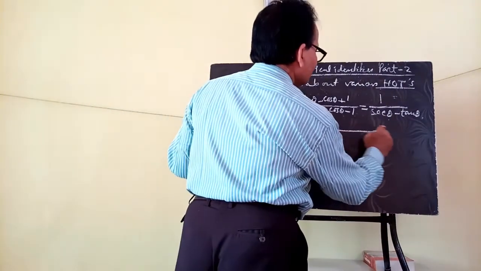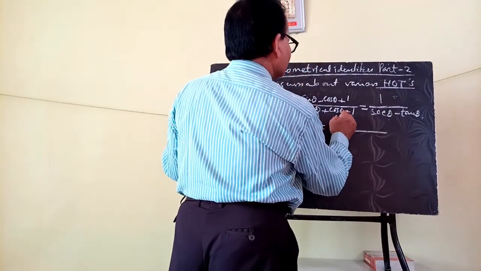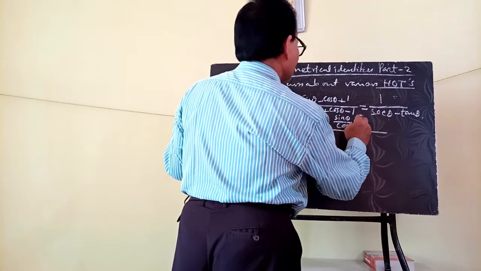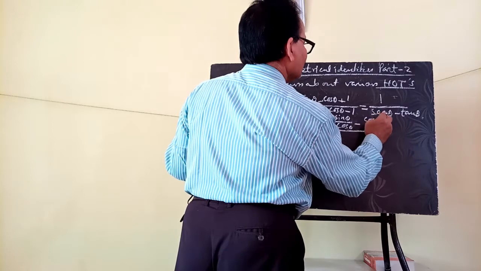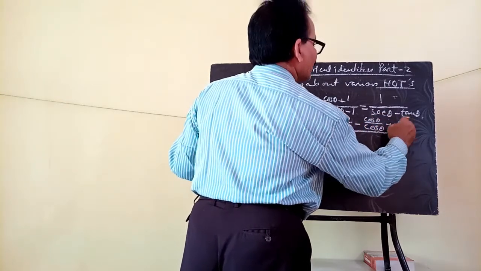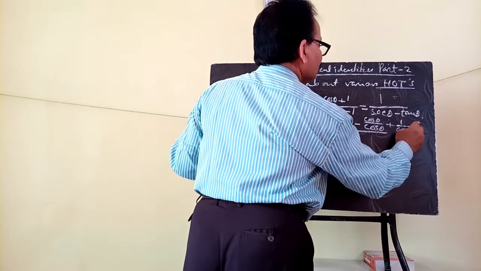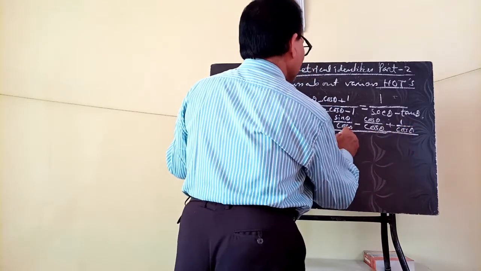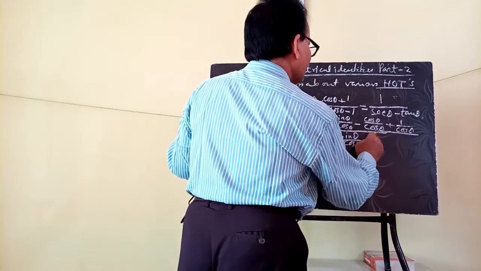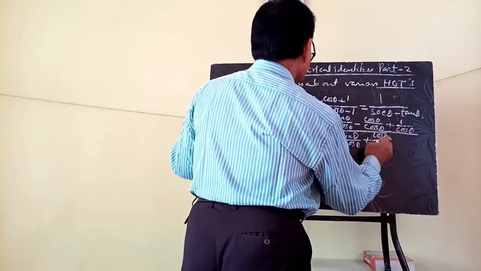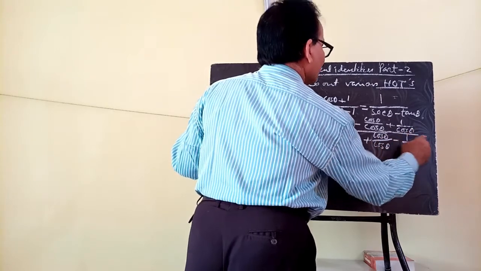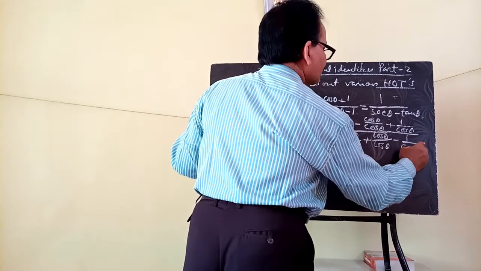So we write sin theta by cos theta minus cos theta by cos theta plus 1 by cos theta, divided by sin theta by cos theta plus cos theta by cos theta minus 1 by cos theta.